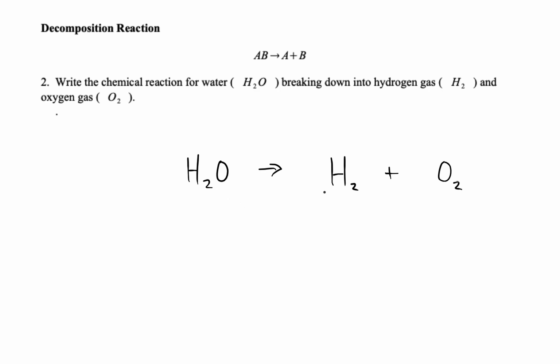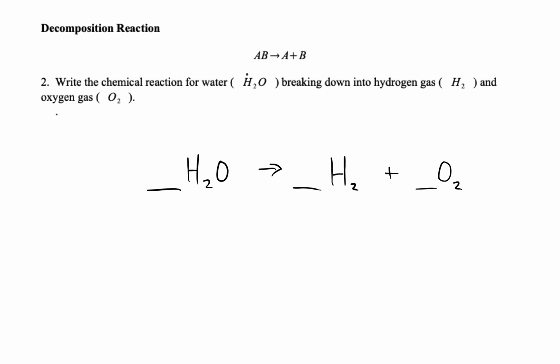Now those molecules just are what they are. You don't want to change the subscripts at all. Like I said before, you just want to come up with coefficients that would achieve balance in the situation. And a lot of times with these, you just want to look for what changes are absolutely required.